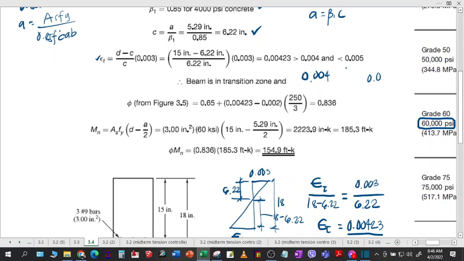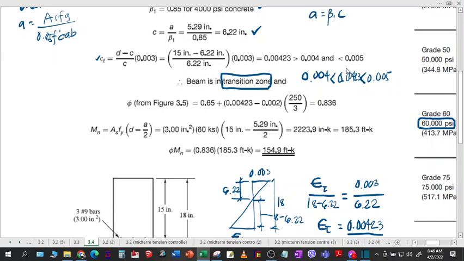Okay, 0.004 and 0.005. This is your upper limit. And this one is your lower limit. And our actual tension in steel is 0.00423. So, this is less than 0.005 but greater than 0.004. And it is in the transition zone.